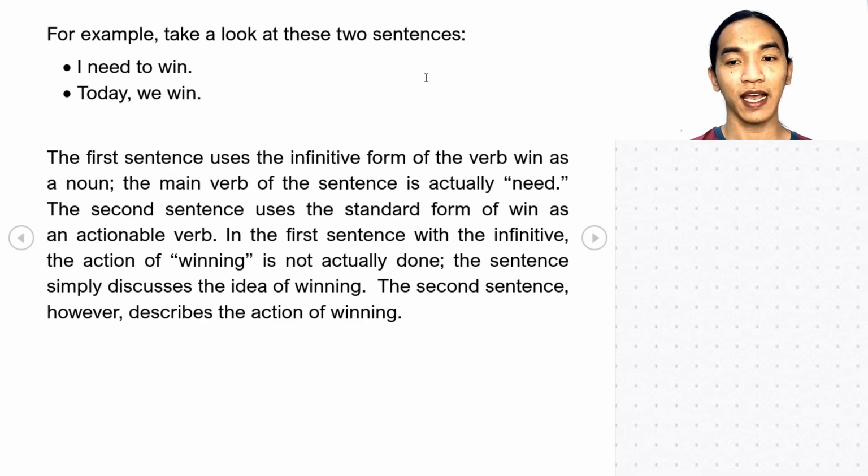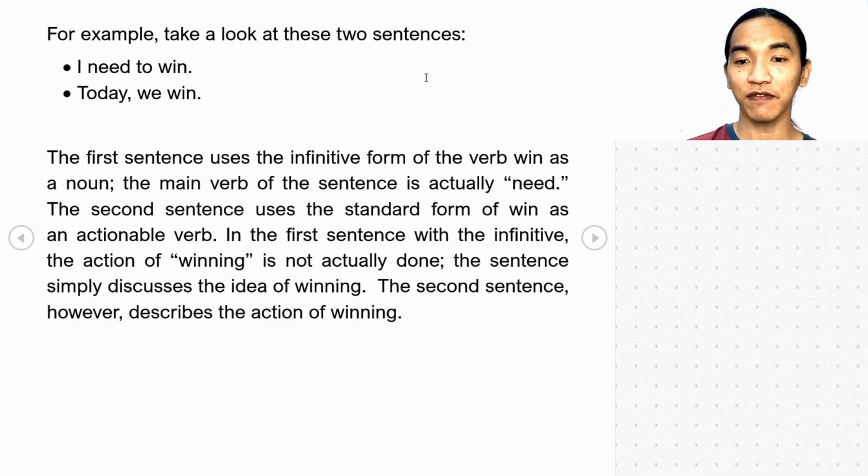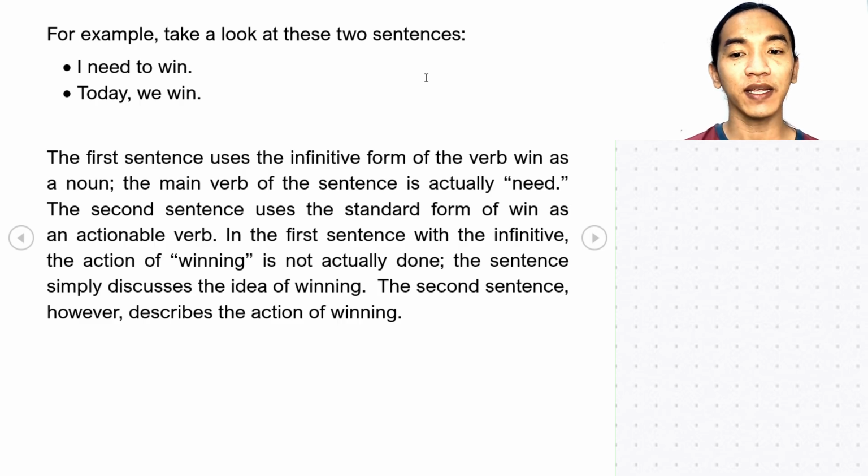In the first sentence, with the infinitive, the action of winning is not actually done. The sentence simply discusses the idea of winning. It's not specifying the action, but just giving you the idea of winning. The second sentence, however, describes the action of winning.